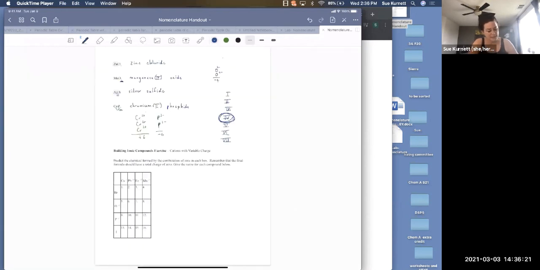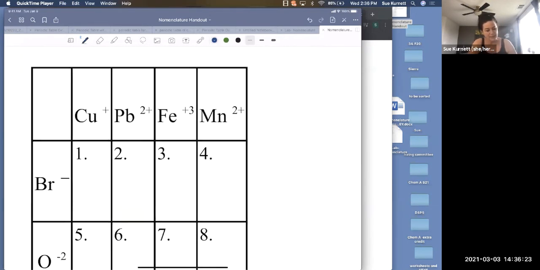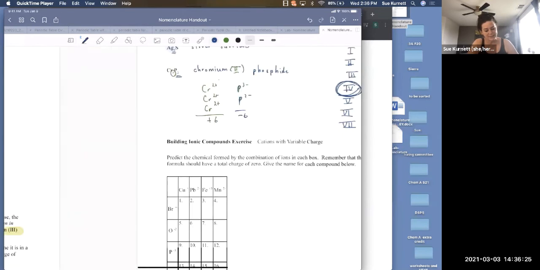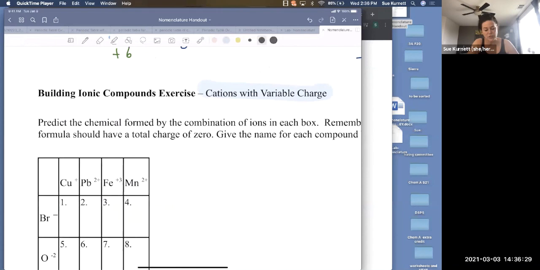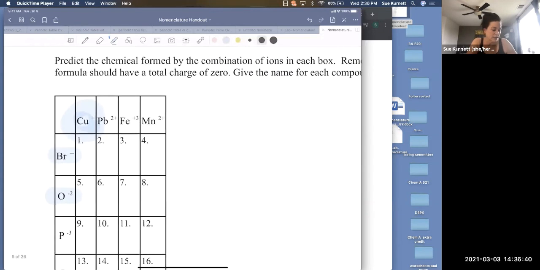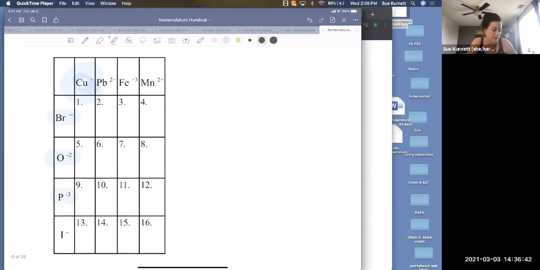Okay, and then here we have cations with a variable charge, and variable charge means more than one possibility, so you have to state it. So everyone that involves this copper is a copper 1 something. Copper 1 bromide, copper 1 oxide, copper 1 phosphide, copper 1 iodide.